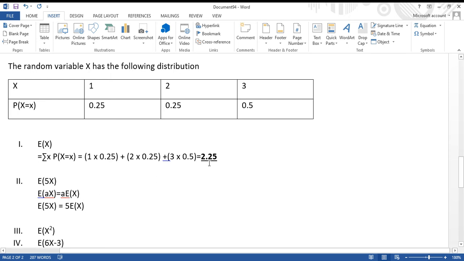We already have our expected value here, 2.25. So we just substitute. We're just going to say 5 times 2.25. We get 11.25.